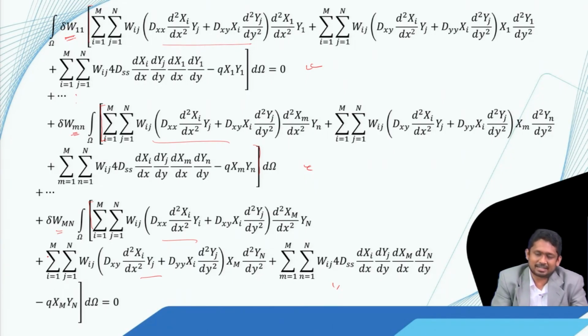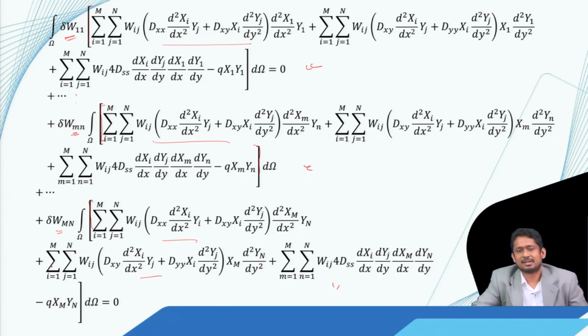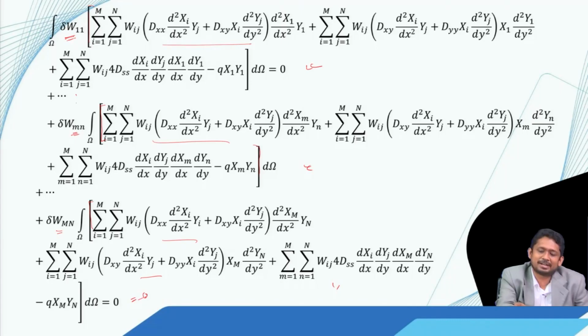Now, again these delta W's are arbitrary. So, delta W 1 1, delta W 1 2 all the way up to delta W capital N, they are all independent and arbitrary variations, but our requirement is that the sum should always be 0, and that is only possible when whatever I am multiplying with delta W 1 1 is individually 0.